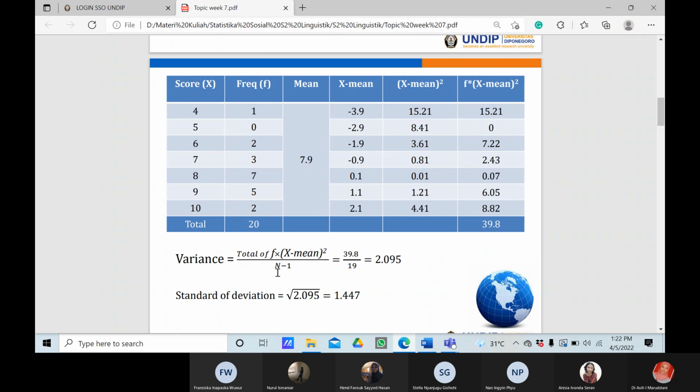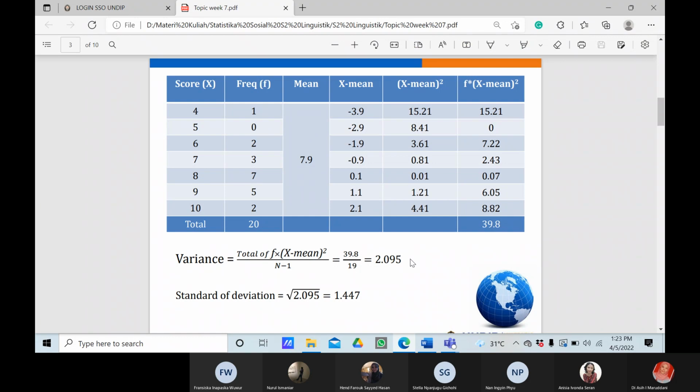The total number n is 20 minus 1, which will be 19. Then the variance will be 39.8 divided by 19, which is 2.095. This is the variance of the group of data.